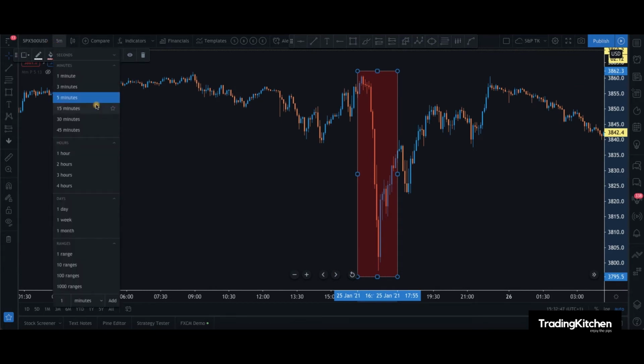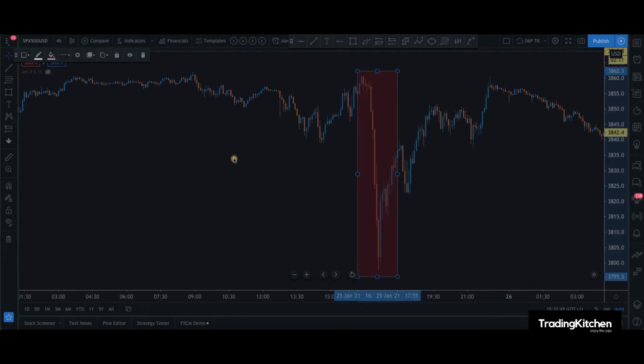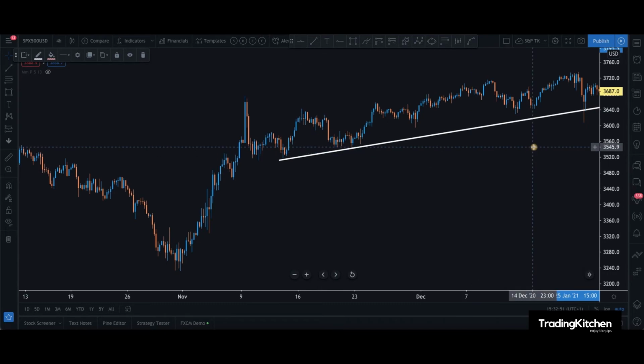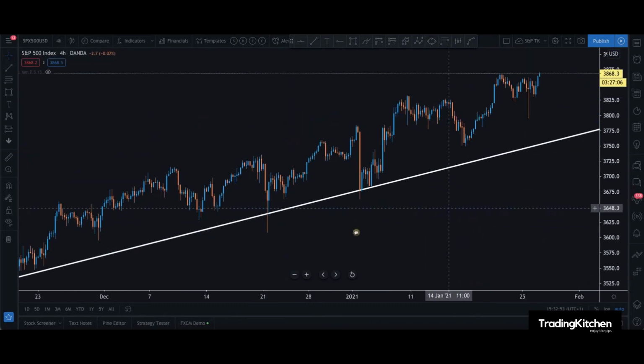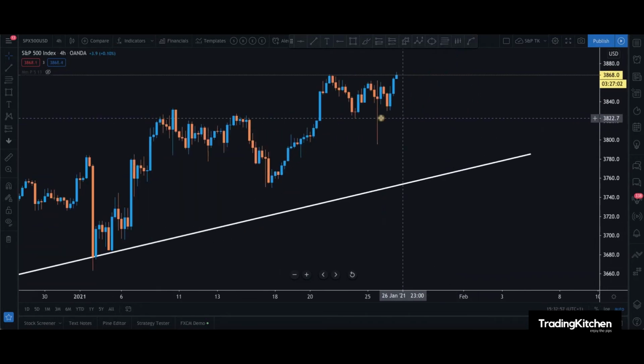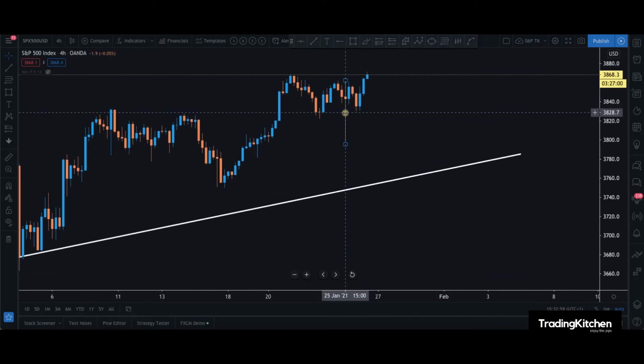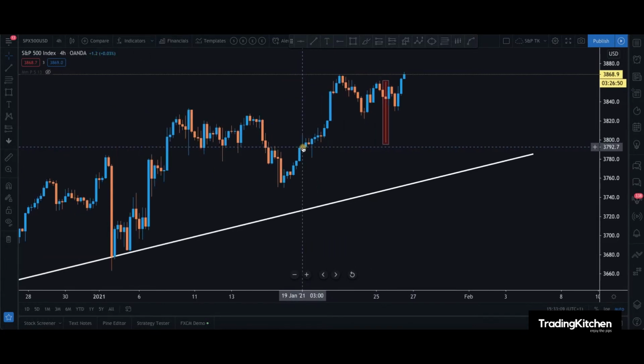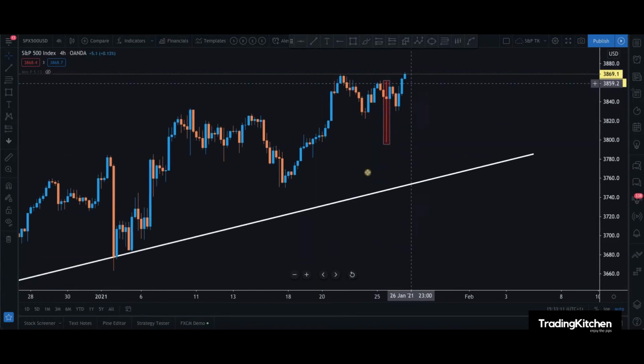But how is this movement in the 4 hour time frame? It is a good movement yet.